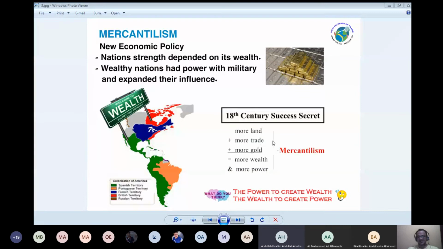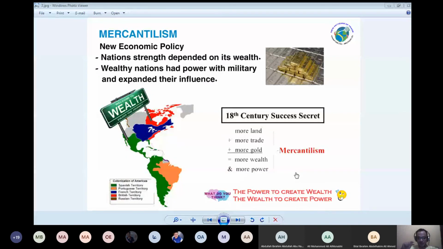Jawad. Yes, Jawad. After the age of discovery, which European nation was the strongest and the most powerful one? After the age of exploration. In case, let me remind you, before the age of exploration, they used an old route to reach India.